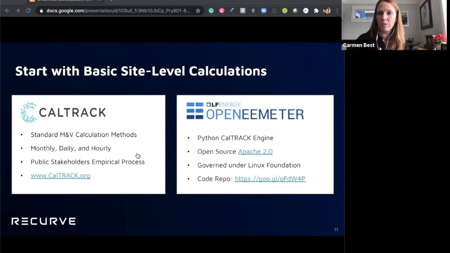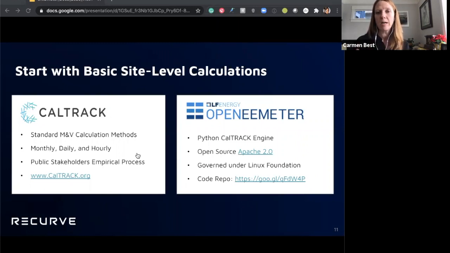And Recurve uses the Caltrac methods and the OpenEE meter codebase to track and monitor site-specific impacts, and can also analyze them in aggregate for portfolio level payments or for targeting and other population level analytics that we're engaged in.